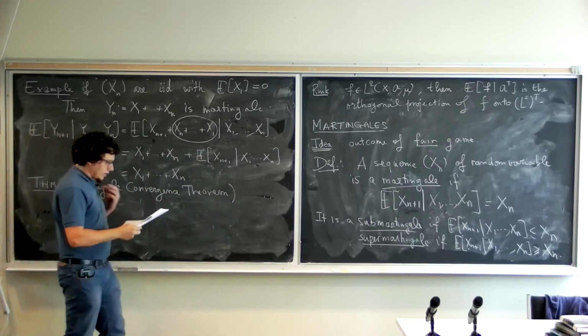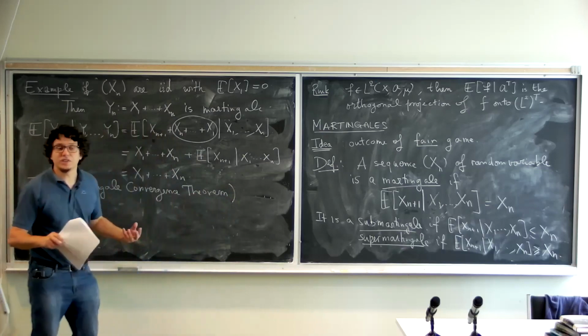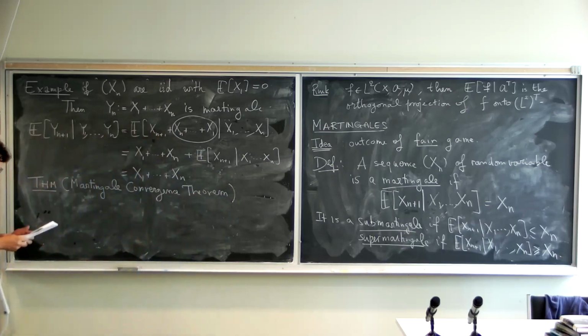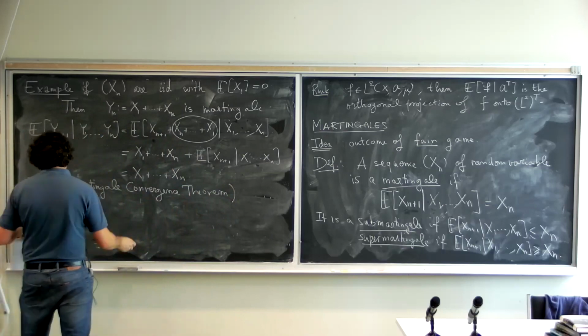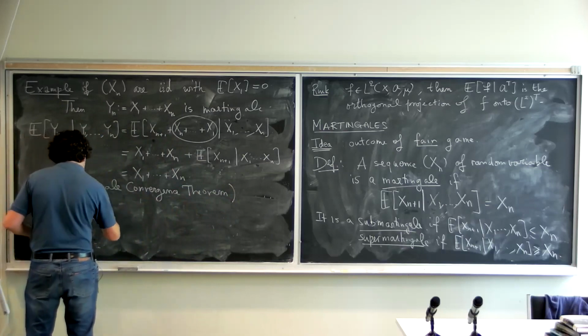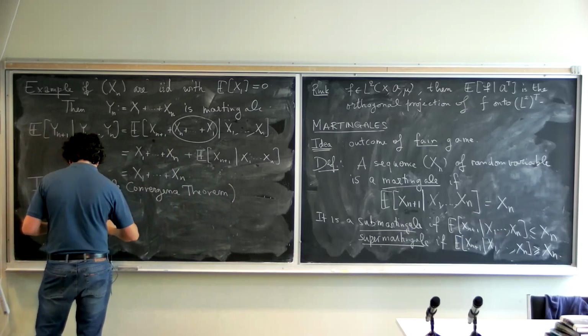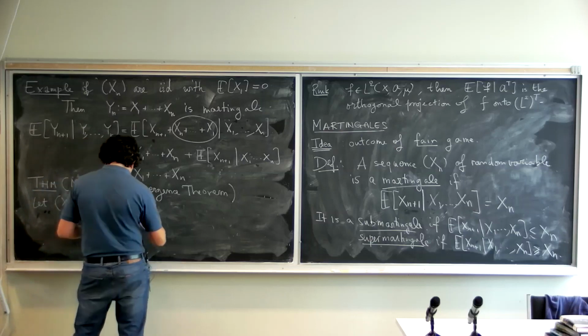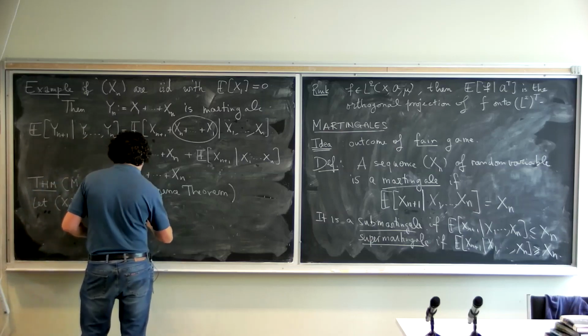It's telling you that a certain average exists as time goes to infinity. So here's the setup: if you have xn, everything in L1 of omega with respect to the measure mu, be a submartingale.